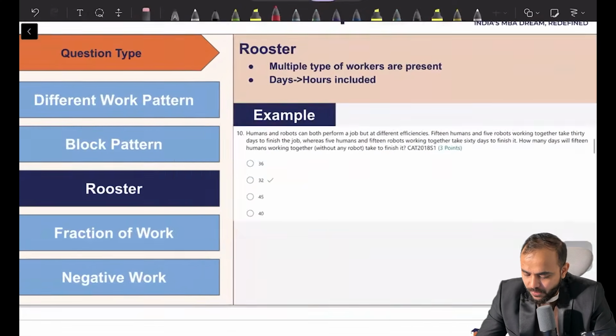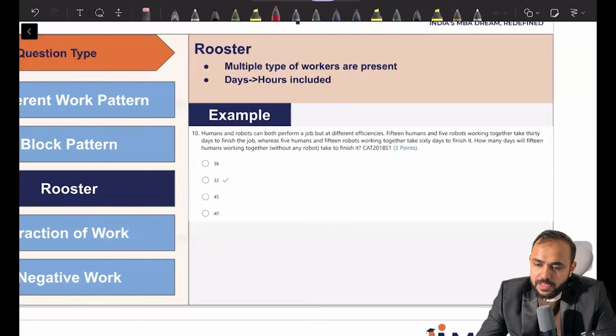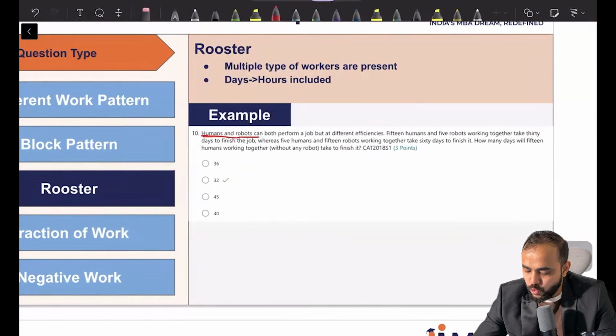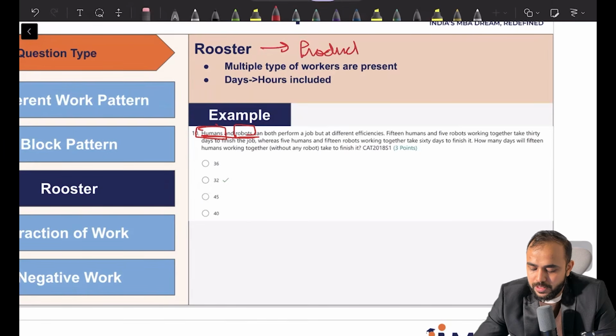Any doubt? Now, the rooster situation: multiple types of workers are present, or even if multiple types of workers are not present, you are working at a fixed rate of hours per day. So for example, in this situation, there are two working groups, humans and robots. So rooster would, obviously because there are multiple types of workers present, always include the product in its equation.